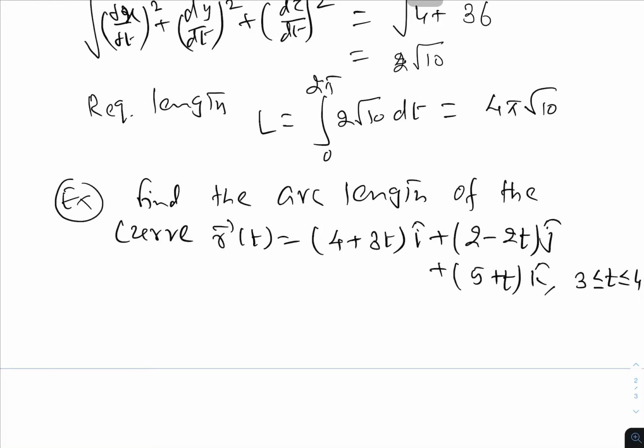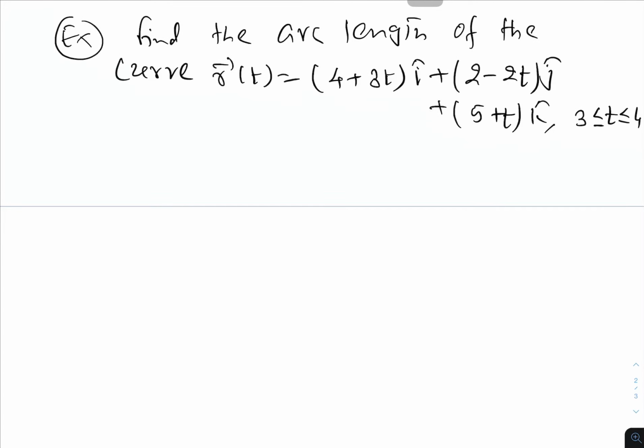So it's not difficult, you can find the answer. You will get the answer as root 14.